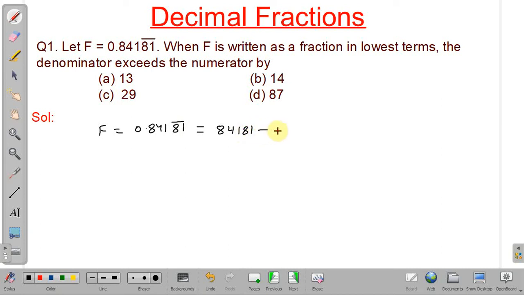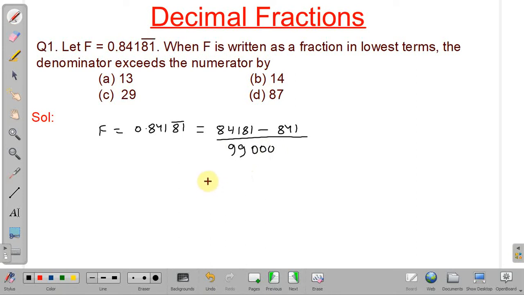And from this we have to subtract the non-repeating digits, that is 0.841, sorry, 841 only, minus 841 divided by, we have to put in the denominator as many 9 as there are number of repeating digits. So it is 2, so double 9, okay. And as many zeros as there are number of non-repeating digits after decimal. So it is 1, 2, 3, okay.